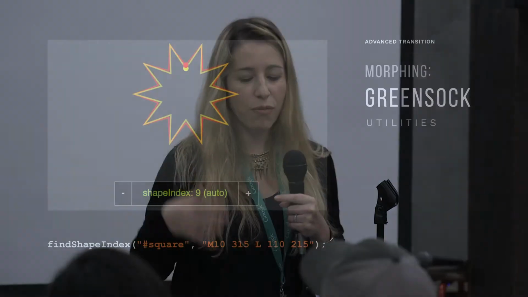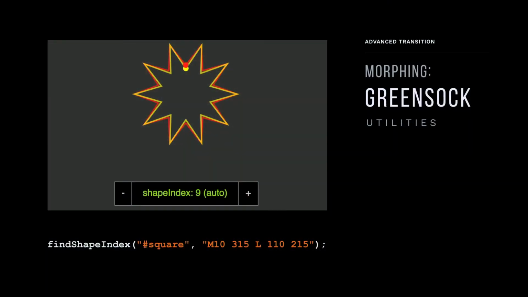logo. But one of the most amazing things about MorphSVG, aside from the simplicity of its implementation, is the way that you can actually manipulate the values of how that motion works. So you can use a utility called findShapeIndex and actually find these different amounts of changes. So we're changing between, you know, like a polygon here to a star shape.